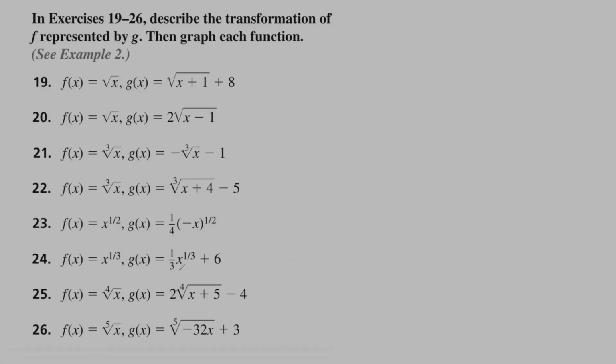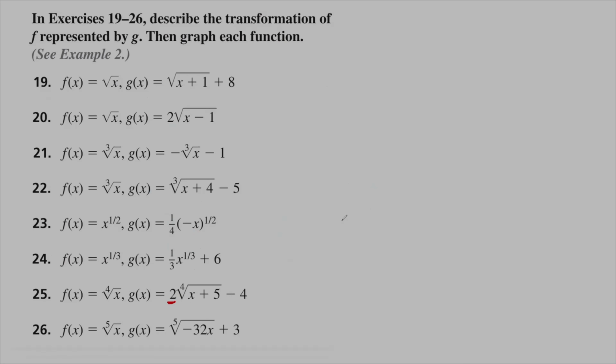Next is this one. If you look at this one, it's a vertical shrink by 1/3. And then +6 is added, so 6 up. That is 24. Now 25, I think there are a lot of things here, translation and stretching also.